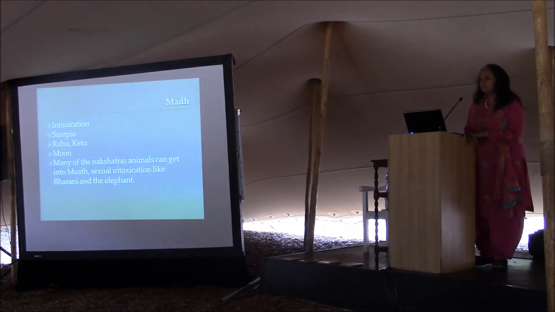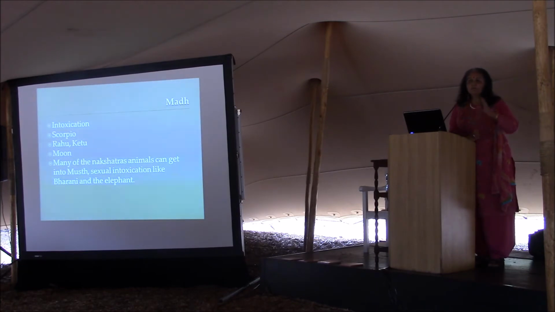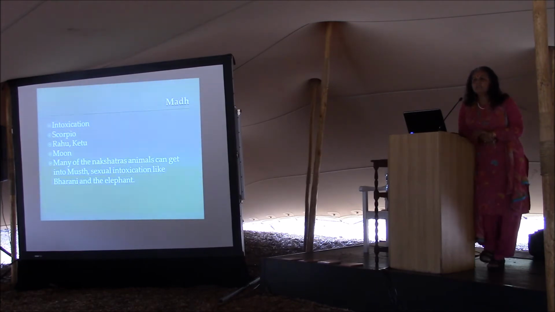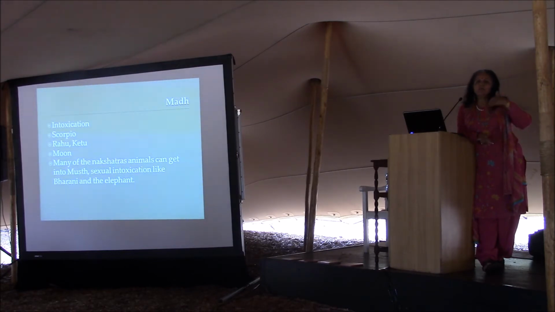Especially when you study the Moon placed in these different nakshatras. Nakshatras are the lunar mansions, and each nakshatra has an animal connected with it, and the animals of the nakshatras can be very obsessive. Like the elephant, it can go into mast, which means it gets into a sexual obsession.